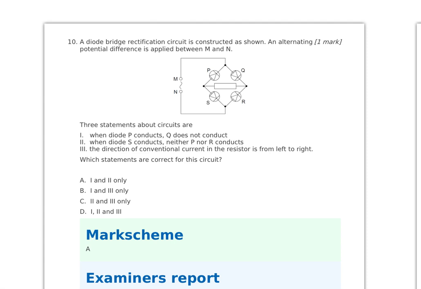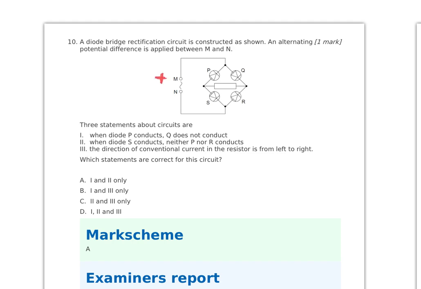Okay, we have ourselves a diode bridge constructed as shown, and we have statements about the diode. So when diode P conducts, Q does not conduct. And yeah, I could see that as true. Ignoring the negative voltage for a moment, just tracking positive for now in terms of tracking the charge flow.